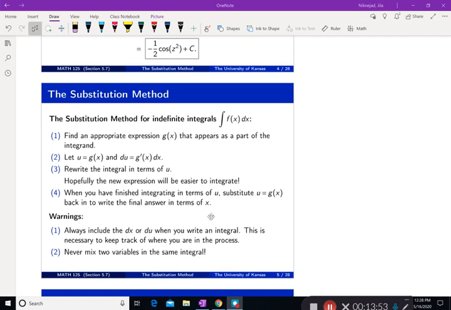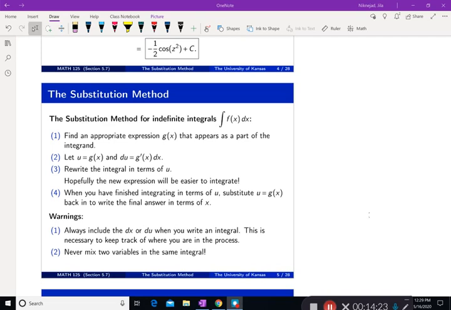And then when you have finished integrating in terms of u, substitute u by g of x back in to write the final answer in terms of x. One thing out of the warnings is to always include dx or du when you're writing the integral.